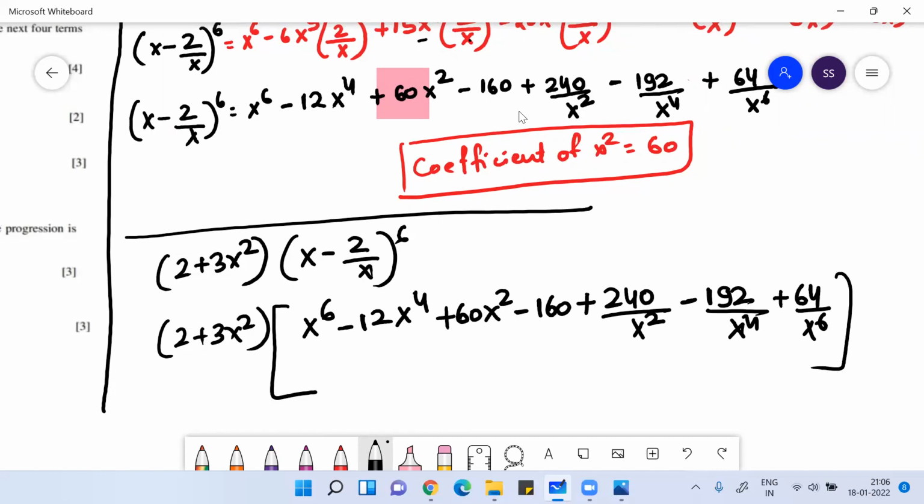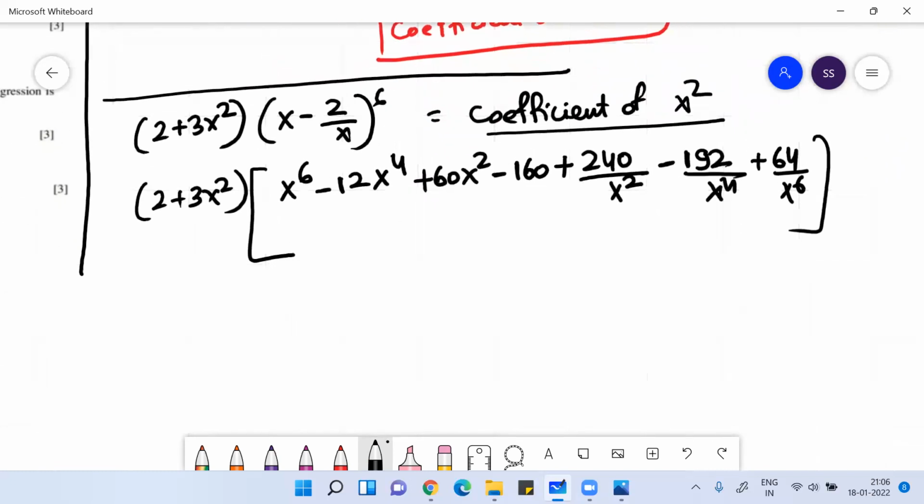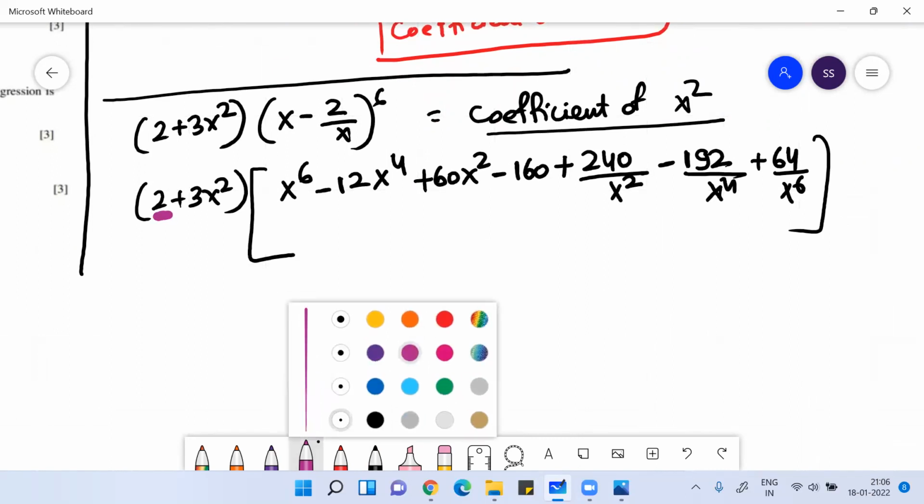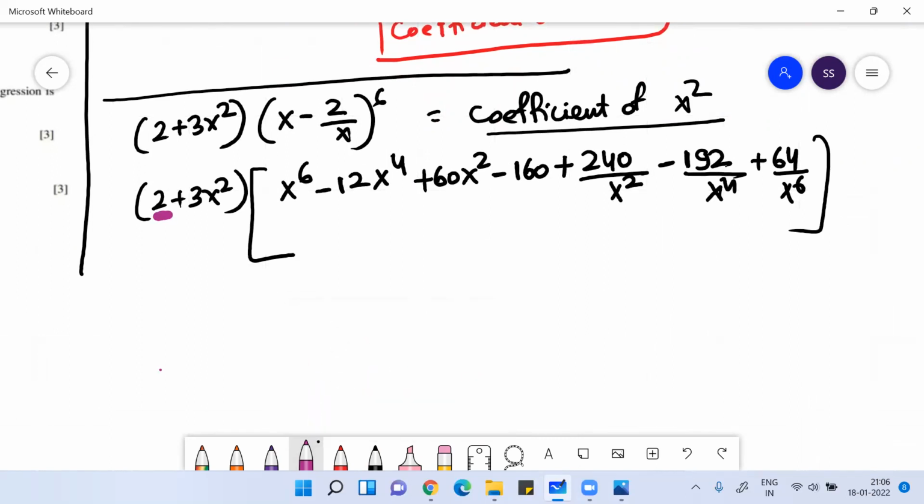Now I just need the coefficient of x square, so I'll see where there's a possibility of getting x square. With the 2, the possibility is 2 into 60 x square, I'll get the x square, right? No other case with the 2.